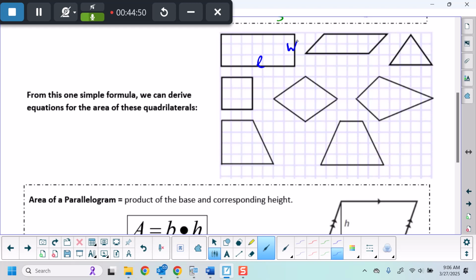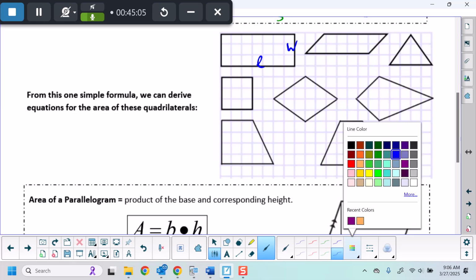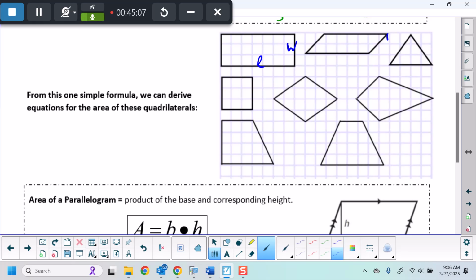When I slide this piece over, the height of my parallelogram hasn't changed. So having this parallelogram made from this rectangle helps us see that if I want to know the area of this parallelogram, all I need to know is its height times its base.